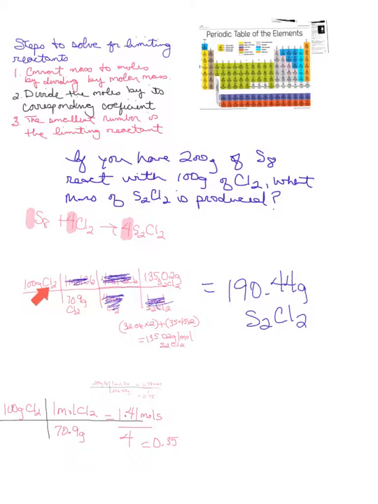That's going to be our known, and that's what we did here. Okay. We ended up with an answer of 190.44. So if I had 100 grams of chlorine, then I would be able to produce 190.44 grams of disulfur dichloride. That's what we just solved for. Okay.